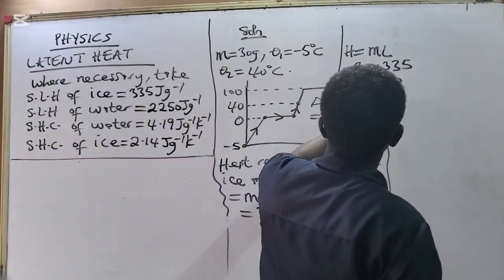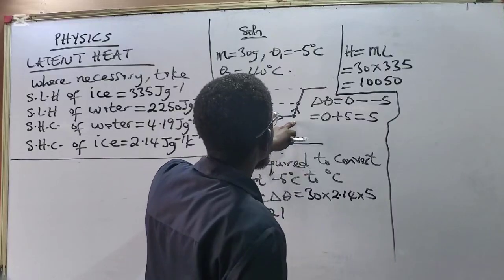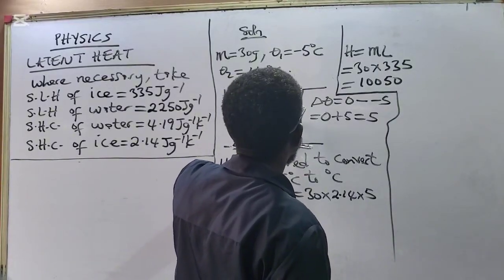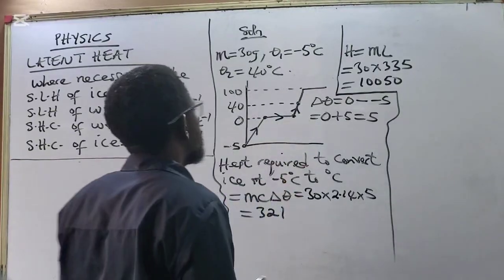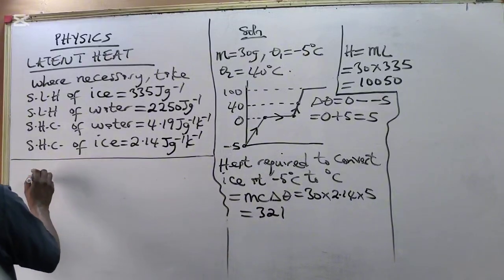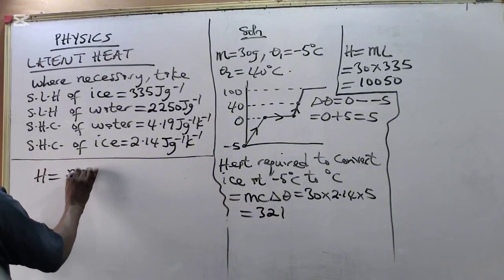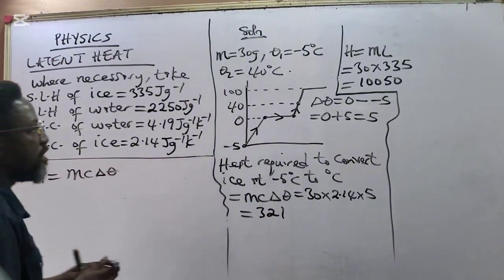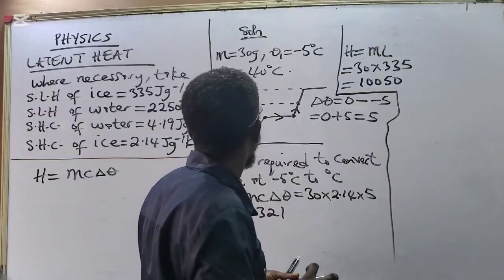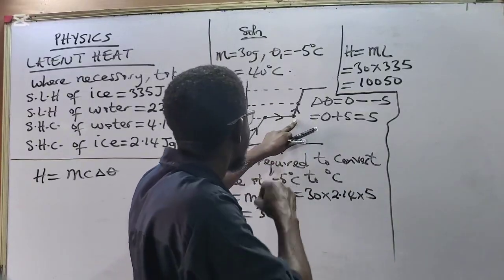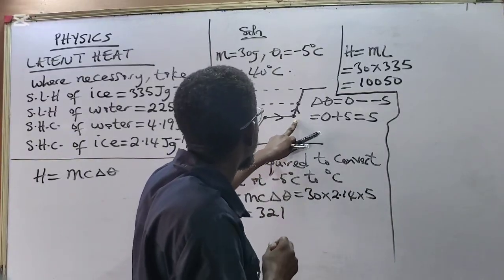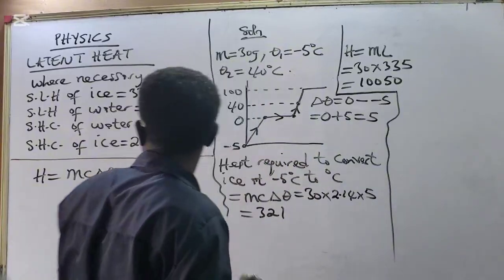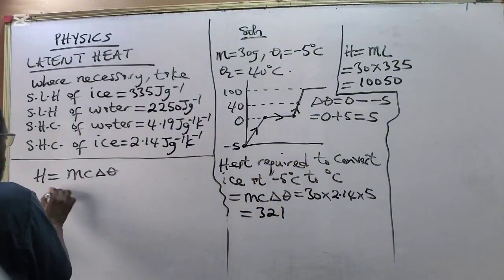the ice, which is now water at 0, to water at 40. That will be H equal to MC change in theta. That's the heat required to convert water at 0, now that the ice has melted, to water at 40. So that will give us MC change in theta.